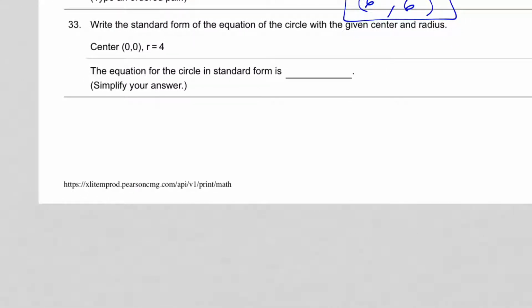Okay, so now we're going to our circle topics. And so our equation for the circle is, well, let's back up. Okay, (x minus h) squared plus (y minus k) squared equals r squared.